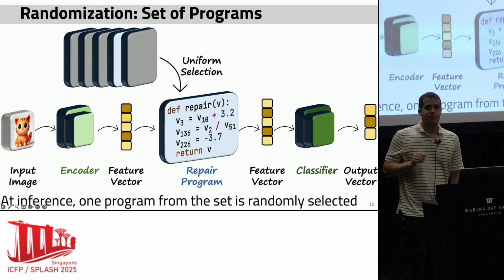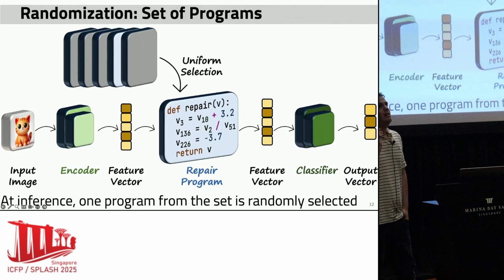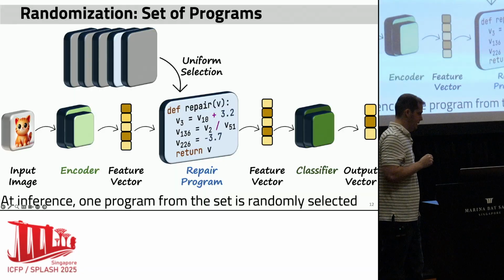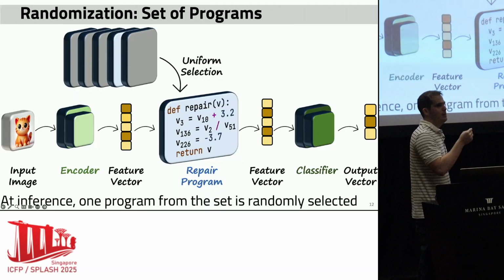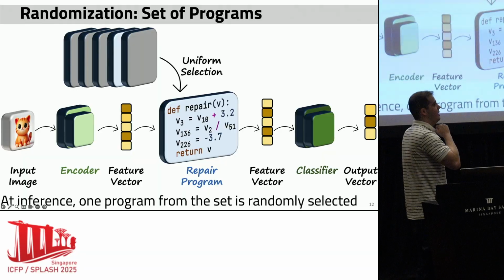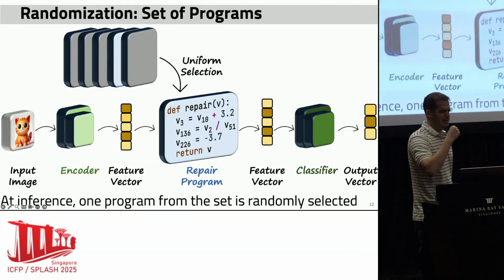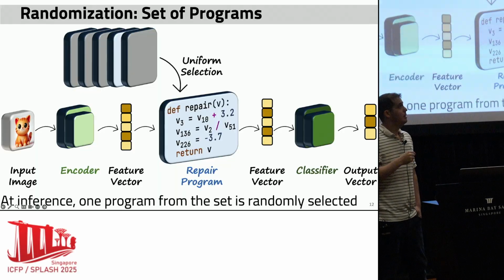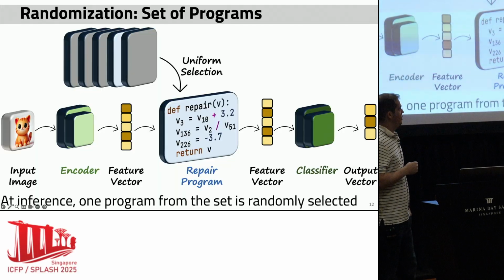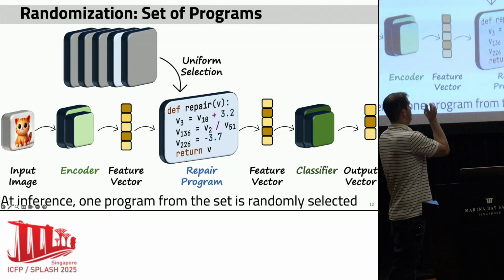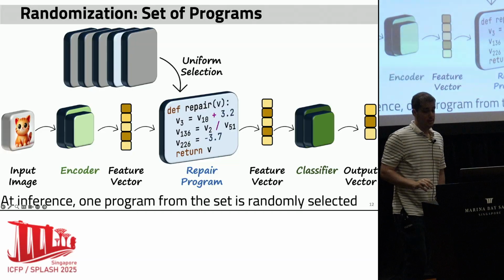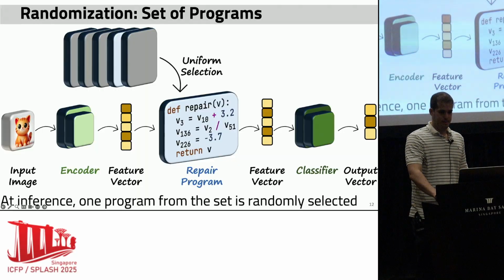This process makes our defense less predictable to an adversarial attacker, an adaptive adversarial attacker that can query the network multiple times and learn our defense. So this process of randomization helps us to mitigate it.